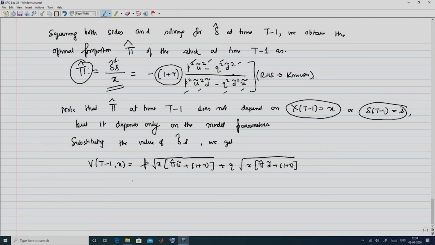And now observe carefully that p and q are constant and this expression is known as well as this expression is known. So, that means that I can collate this as some constant c. I can take the square root of x out and the remaining term I will collate and call this c, and this c is a constant which is dependent only on the model parameters.